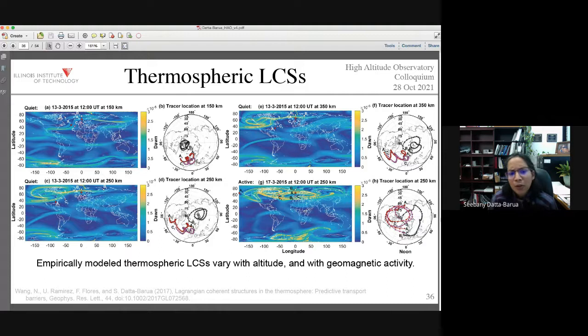And that also manifests in the way that the tracers move over time. And again, you can see those with the polar North Pole view plots. So what we can see here is that we expect thermospheric LCSs will vary with altitude and with the level of geomagnetic activity.